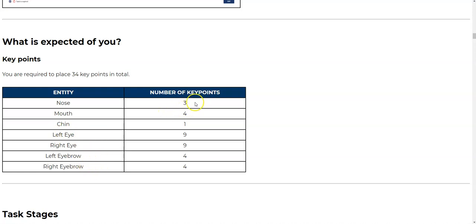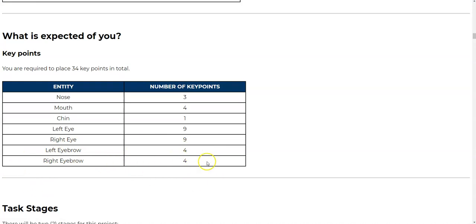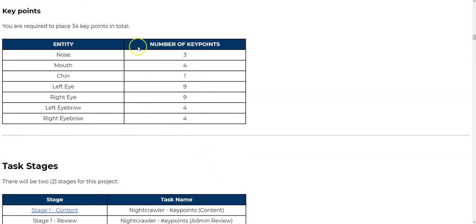The number of key points differs for different entities. For nose, we'll have 3 key points. For mouth, 4 key points. For chin, 1 key point. For left eye, 9 key points. For right eye, 9 key points. Left eyebrow, 4 key points. Right eyebrow, 4 key points. Total altogether, you'll have 34 key points.